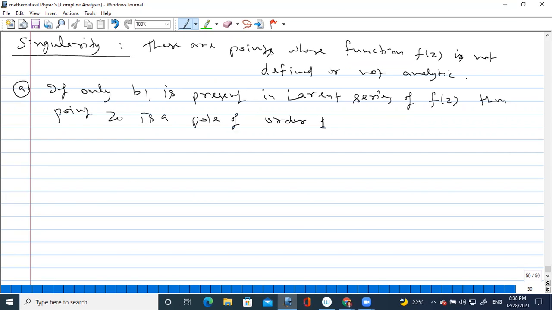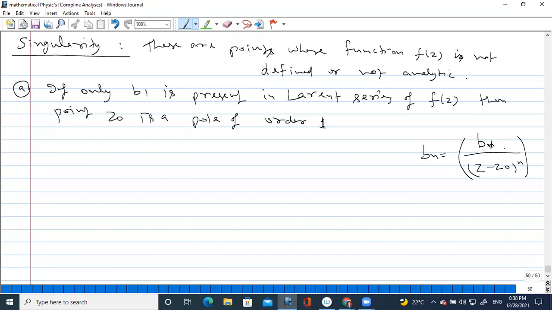So B1 means the order is 1 and the power is also 1. We know that the term with Bn is Bn upon (z minus z0) to the power n, where Bn is the coefficient.